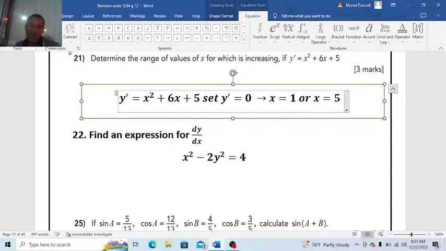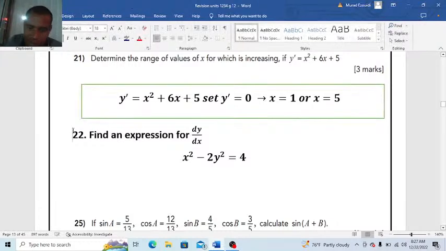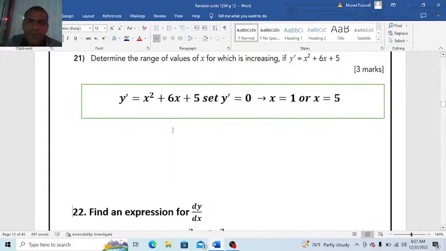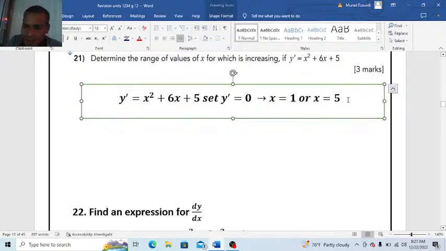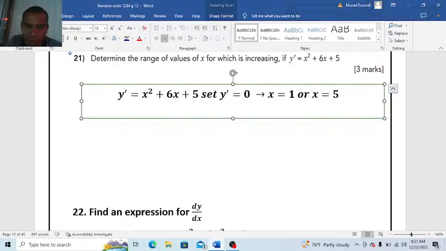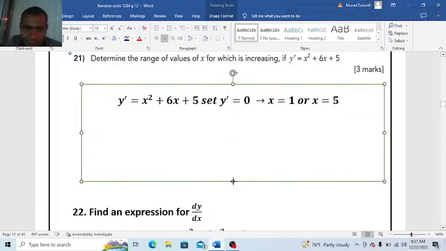Therefore I'm going now to find when my function is an increasing function and when it is a decreasing function. Learners, I will just go down here and try to construct a table.